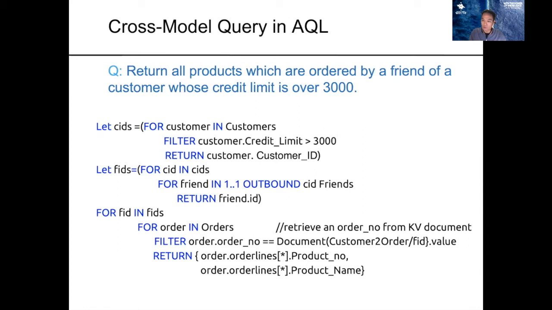Thereafter we use two for loops to join the temporary variables together, and for each friend and for each order, we do a filter by comparing the order number with the customer's order. If they're equal, then we can return the product number and the product name from the order.